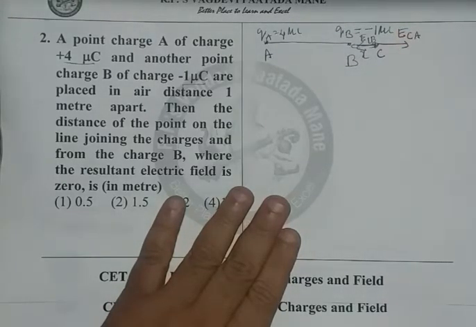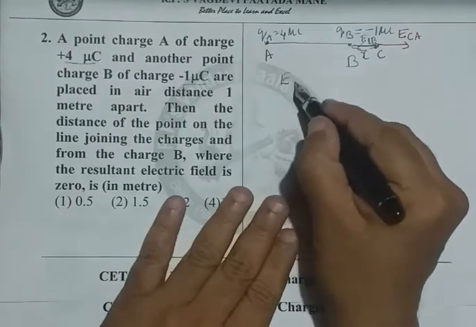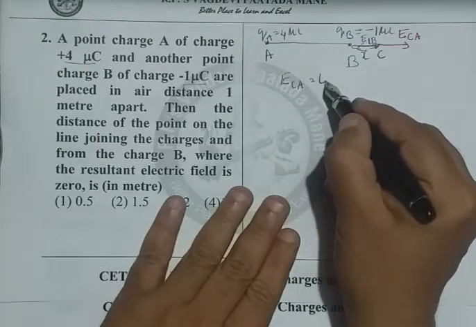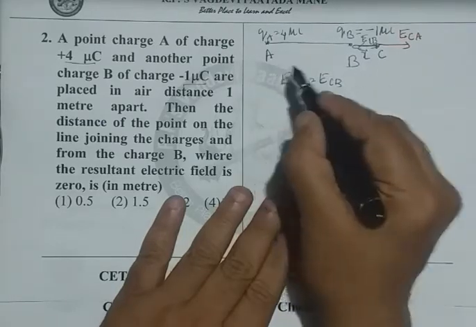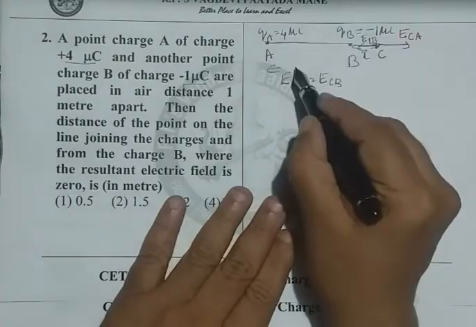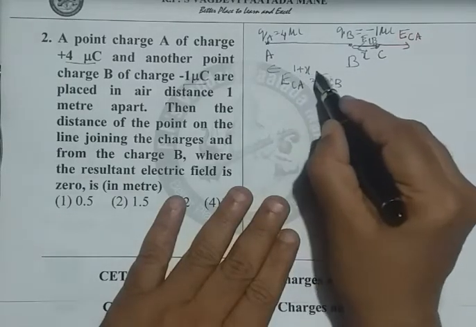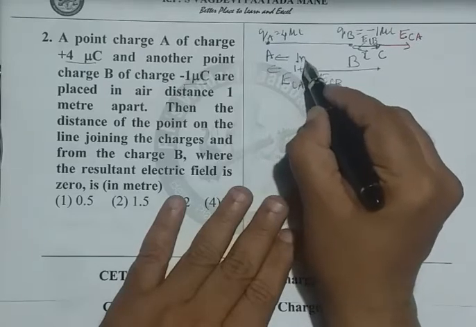Now, for the null point, ECA must be equal to ECB. But we know now the distance from A to C is 1 plus x, because they have given the distance A to B as 1 meter.